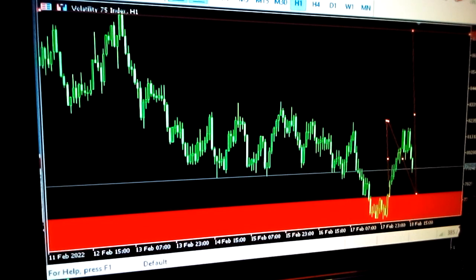Then from that point, we're gonna drop so quickly. So I think volatility 75, we're gonna have a buy a little bit, then we sell it, then yeah, that's how I see on volatility 75.